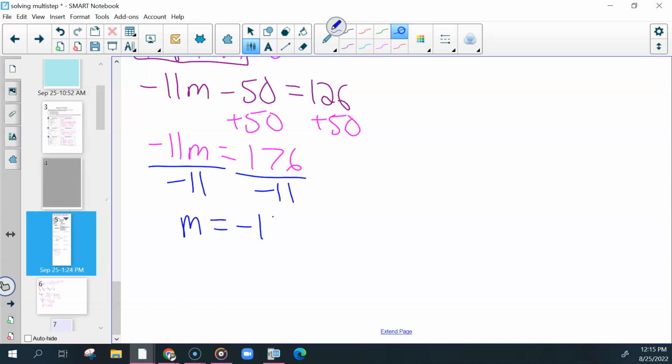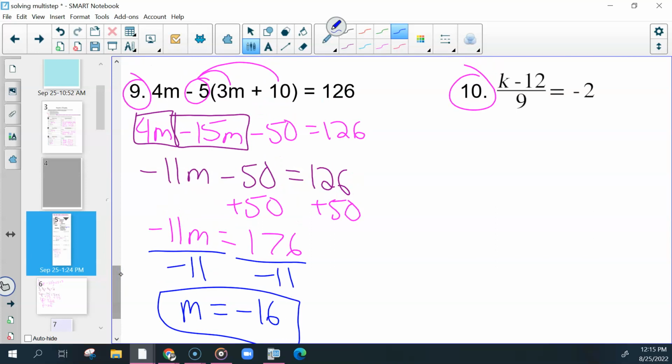Negative 16. So if we were to put this back into the original, with all of the m's, we have to do it twice, we should get negative 16. Yep. And while you're checking your work, it doesn't hurt to plug it in. I usually say this in my English classes too. I'm like, check yourself before you write yourself.